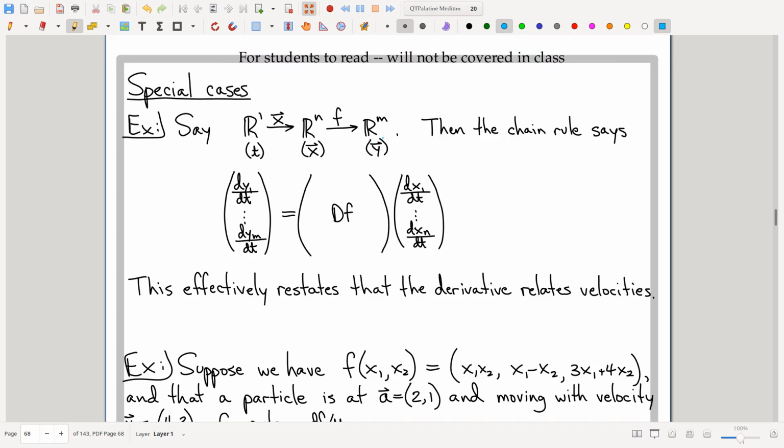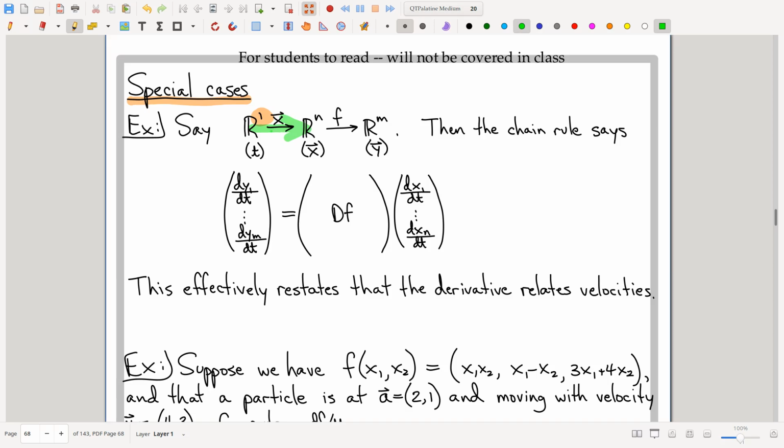In this special case, we're considering the case where there is only a single input variable in the first function of the composition. Here's one of the consequences. This first function then gives position in Rn as a function of time.